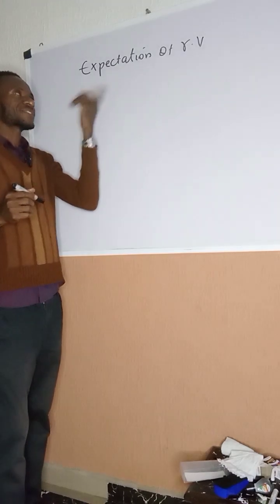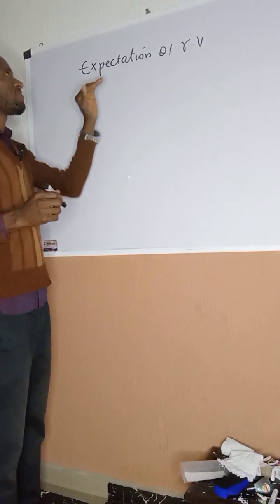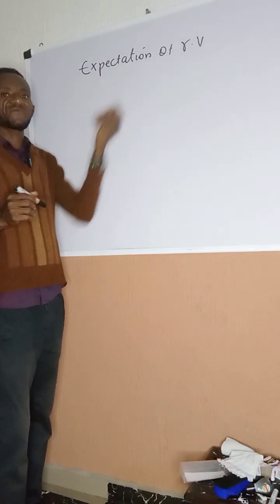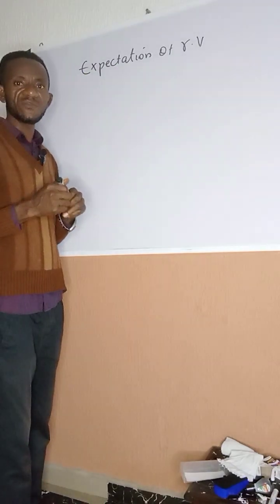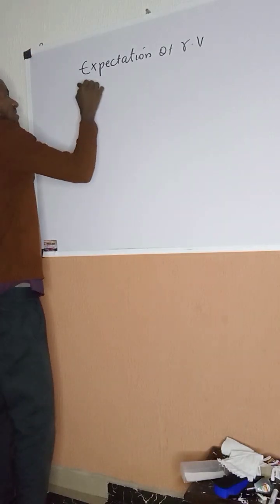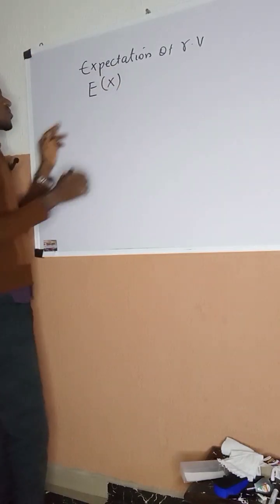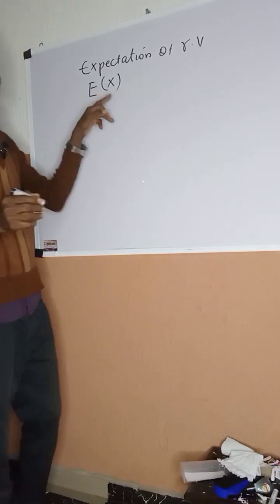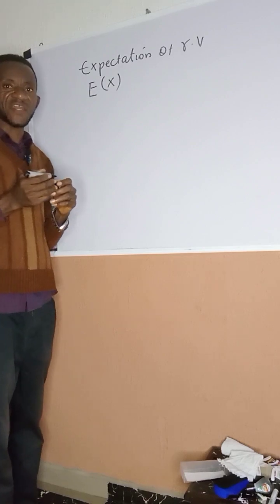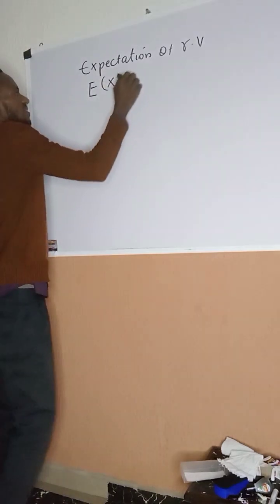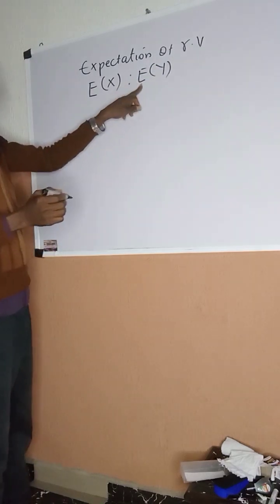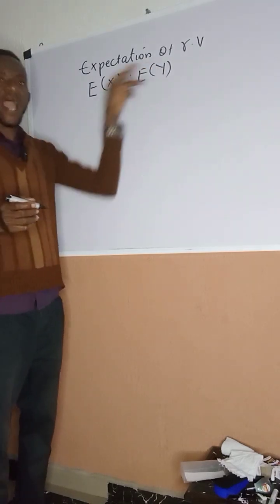In our last class, when we treated expectation of random variable, we said that expectation of random variable is denoted with E of X. So when we write E of X, we are talking about expectation of random variable X, where this X stands for that random variable. When we write E of Y, we are talking about expectation of the random variable Y.